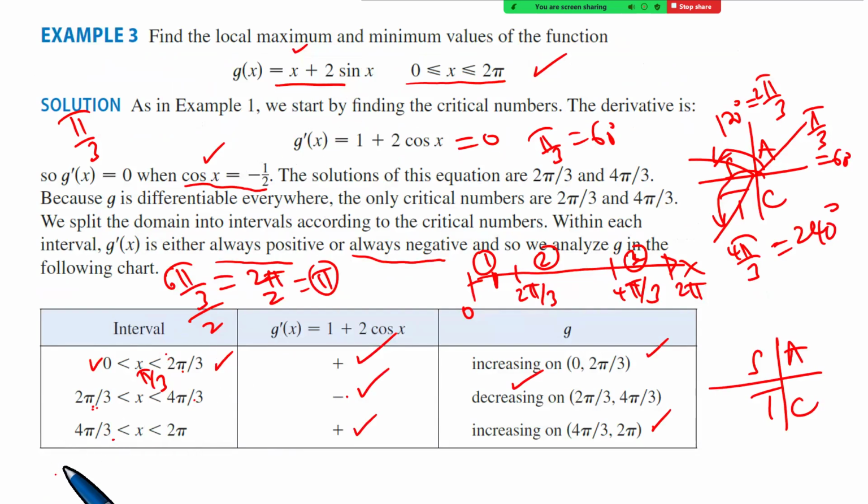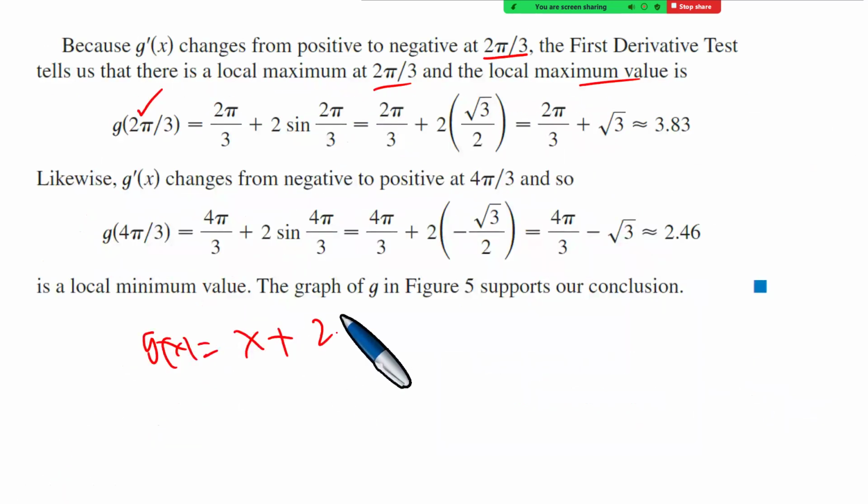So we substitute 2 pi over 3 and we get this number here. As said already, because it changes from positive to negative, it means that you have a local maximum.